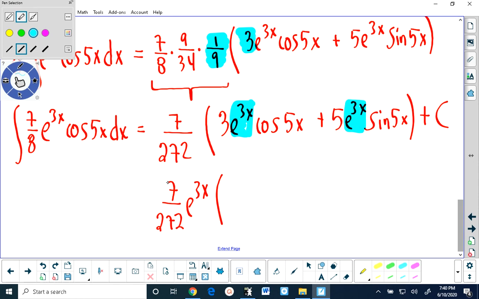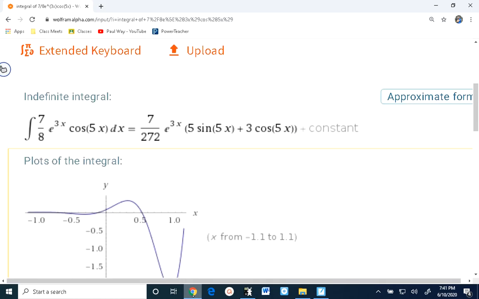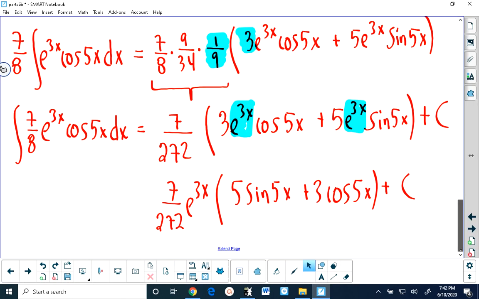And I believe, if memory serves from just a couple of minutes ago, it also happened to write things the other way around. It wrote 5 sine 5x plus 3 cos 5x. So that's what Wolfram Alpha says. I was just checking to see that they put plus c, and they do have plus the constant.